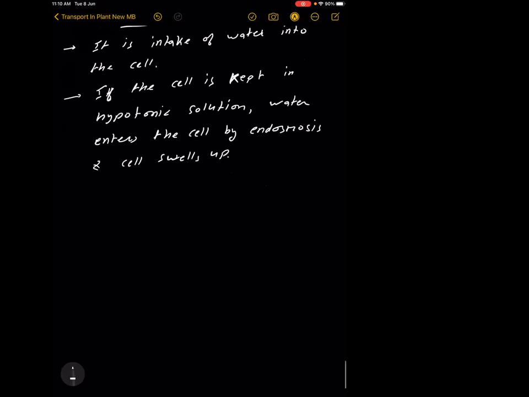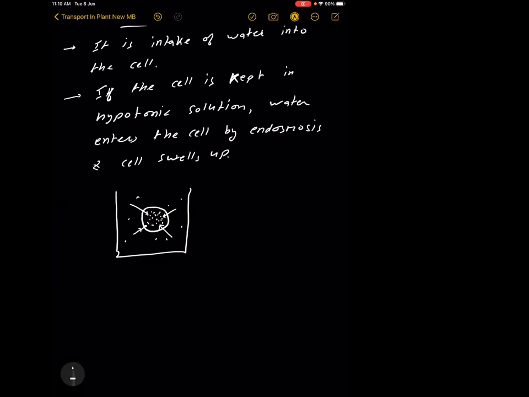For example, this is a beaker with hypotonic solution. Hypotonic solution means mostly water. And if one cell is there, it has a higher concentration of protoplasm, so obviously water enters the cell from the surrounding.